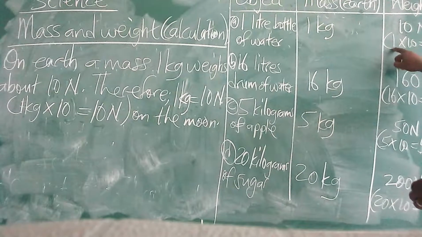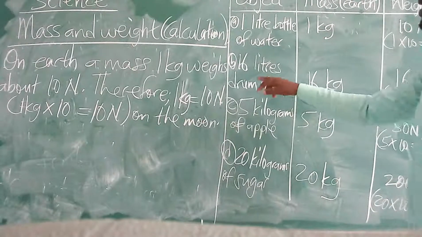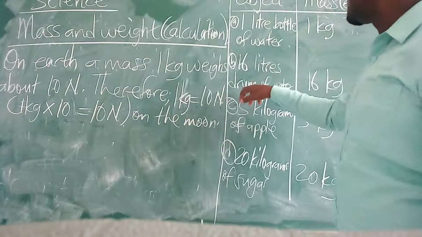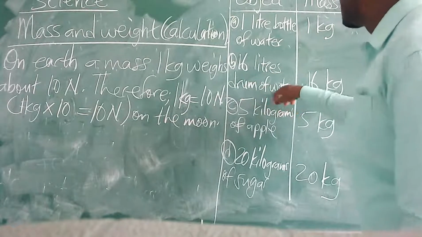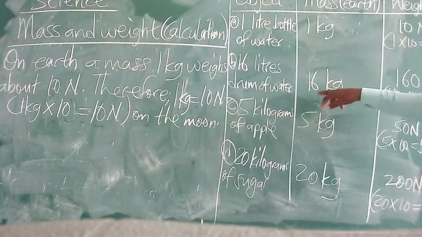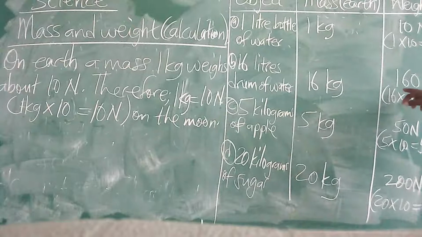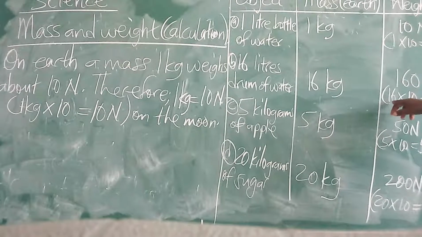So here, 1 times 10 equals to what? 10. The same thing if you have 16 liters drum of water, the mass on the earth is what? 16 kilograms. On the moon, the weight is what? 160 newtons. And then it is 16 times 10, which will give you 160.